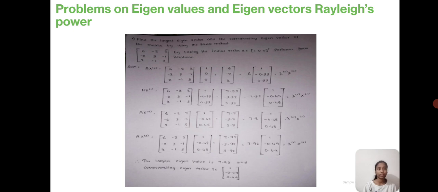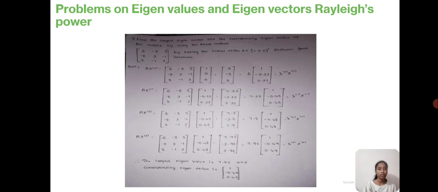the transpose of the initial vector (1, 0, 0). By multiplying the given matrix and the vector, we get (6, −2, 2), which is the required solution. By taking the highest value, 6, outside and dividing, we get 6 times (1, −0.33, 0.33), which is λ⁰x⁰. Ax¹ is the matrix [6 −2 2; −2 3 −1; 2 −1 3] into the solution of the first iteration (1, −0.33, 0.33).